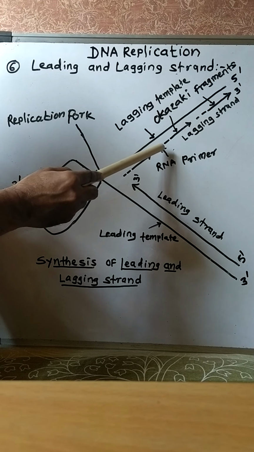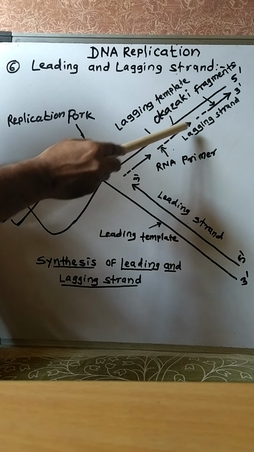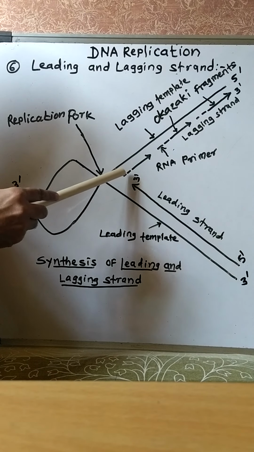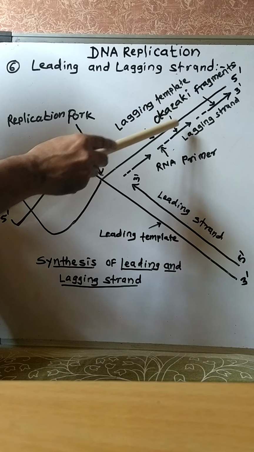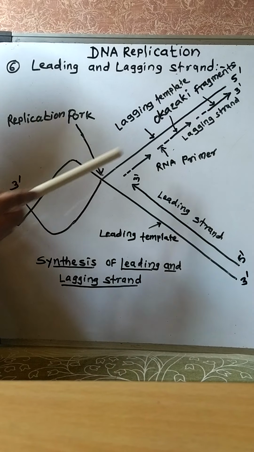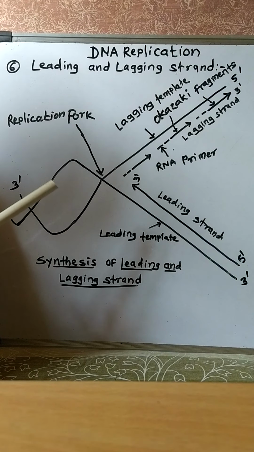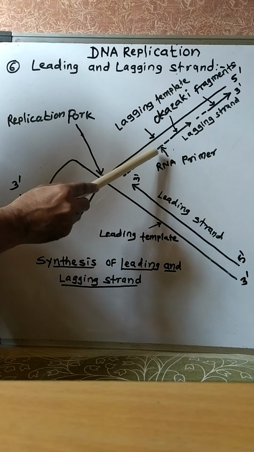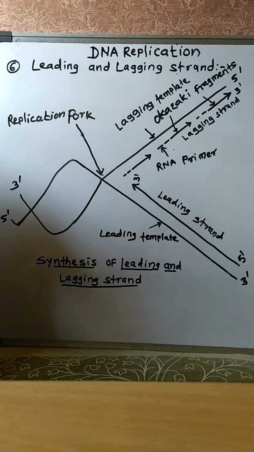The gaps present between these fragments are sealed with the help of an enzyme called DNA ligase. When the gaps between the fragments are sealed, the continuity of the lagging strand is also maintained. Remember, DNA ligase enzyme.